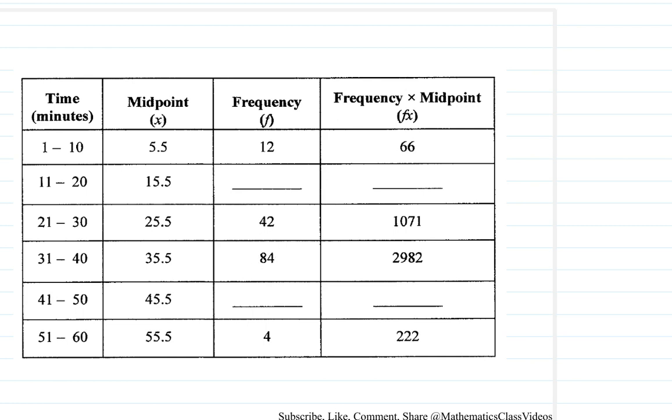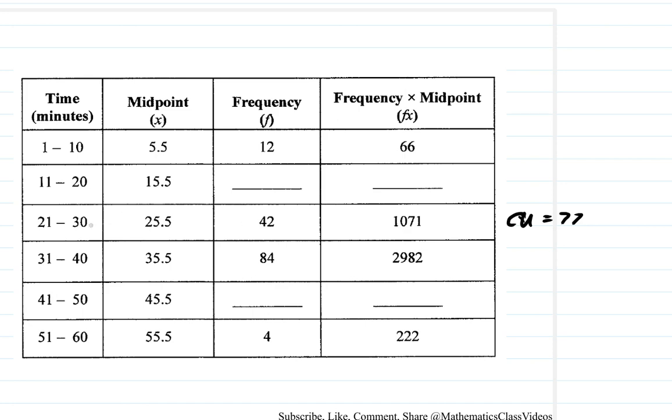If we look at the 84 and the 42, what we'll see is that on the cumulative frequency curve, the cumulative frequency here is, what was it, 77 we said?